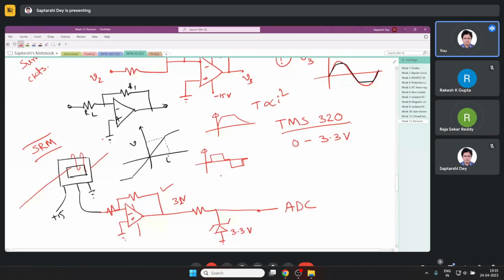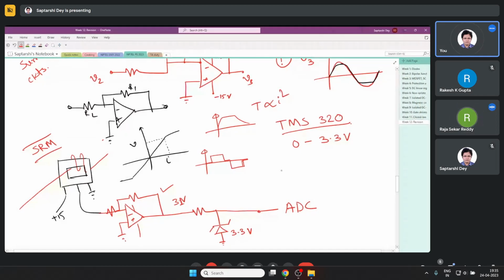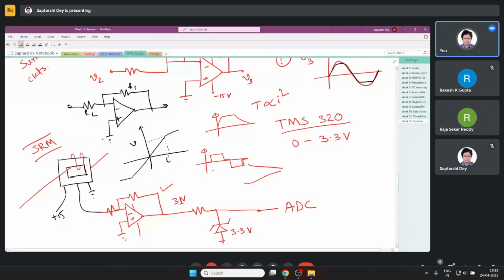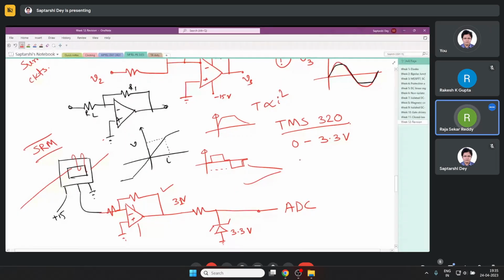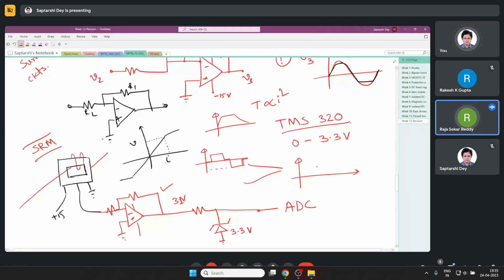You will need an additional stage. What you have to do is shift this level. So if you are getting a signal like this, you have to shift the level so that the signal now looks like this.